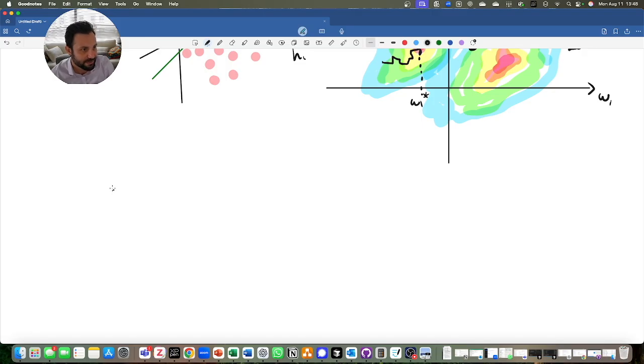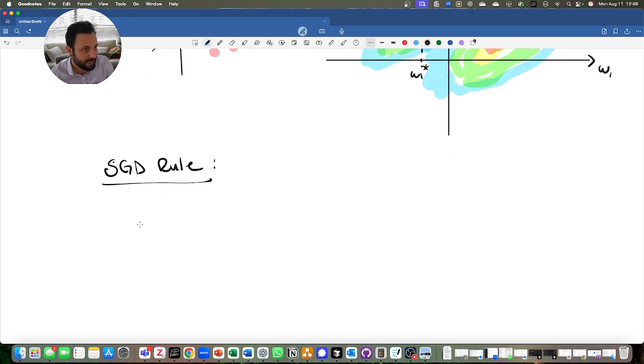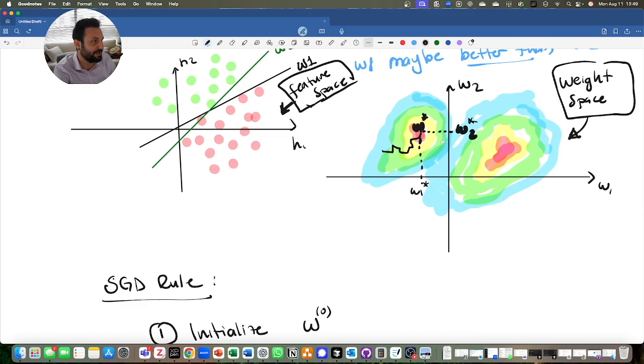So the SGD rule tells me that I should, let me start from the beginning, one, initialize W0. So I start from some W. There are some rules to where to start these W's from, because wherever I start decides where I'm going to land, because wherever I start, I'm always following the direction of the steepest descent.